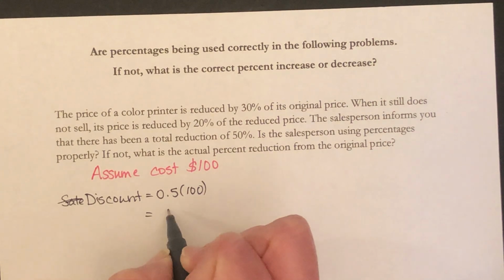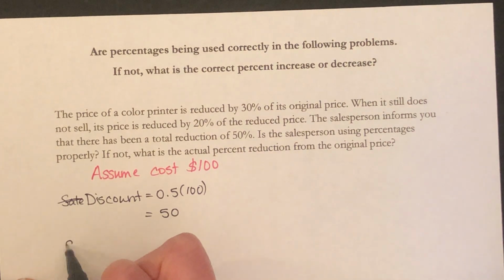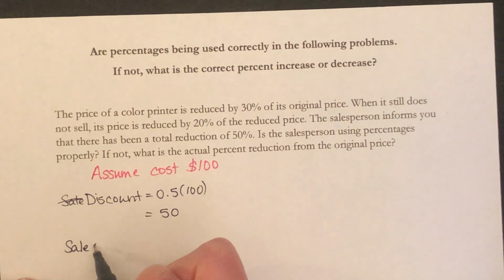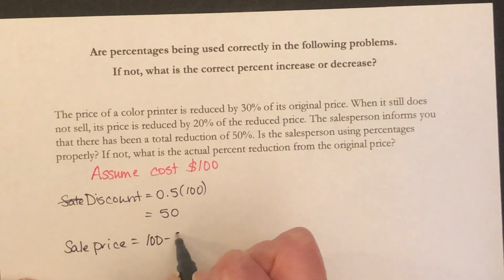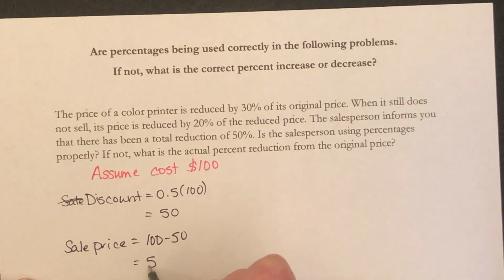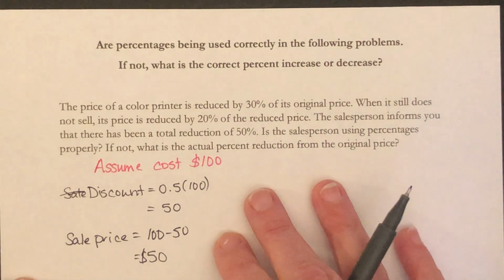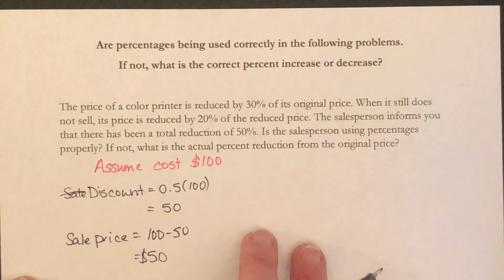So the discount is $50. So we find the sale price is 100 minus 50, which is $50. So if the salesperson is correct and it really does equal a 50% off sale, then our end price should be 50.